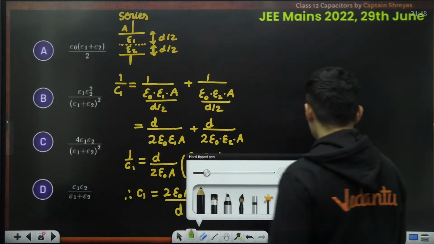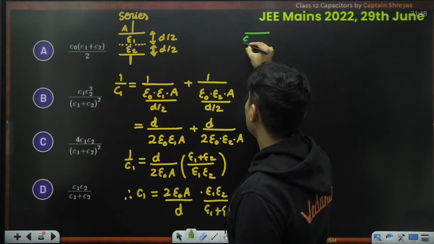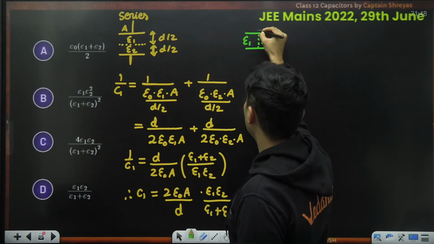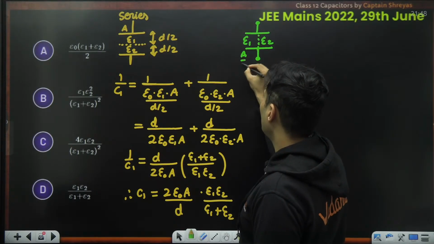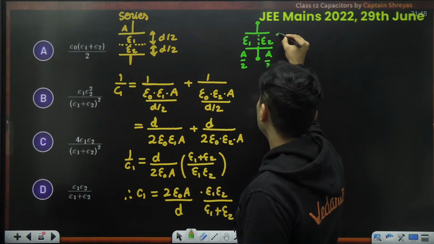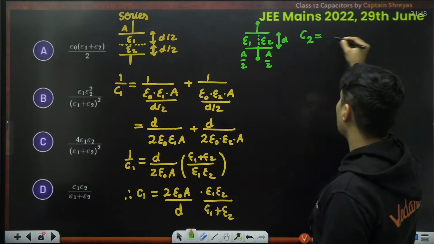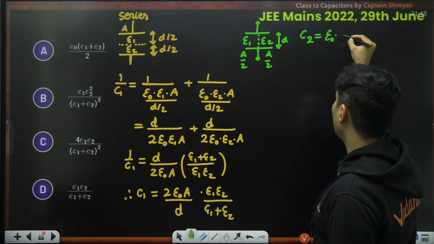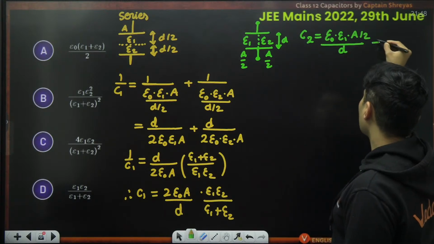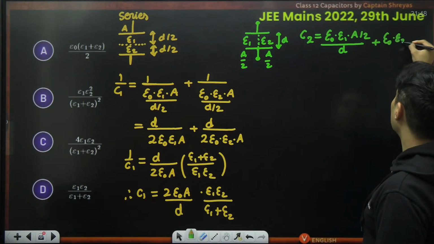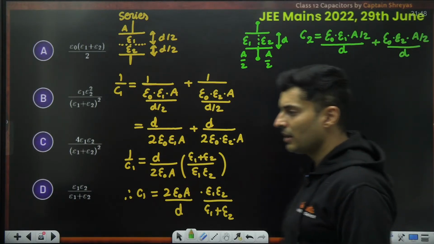Similarly, do the same thing for parallel. This is epsilon 1, this is epsilon 2, and they are separated. The terminals are here. The area will get distributed as A by 2 and A by 2, and the distance between them will be the same. So the capacitance will be the addition of both of them: epsilon naught epsilon 1 A by 2 by D plus epsilon naught epsilon 2 A by 2 by D. I hope everybody is clear why we are doing this.